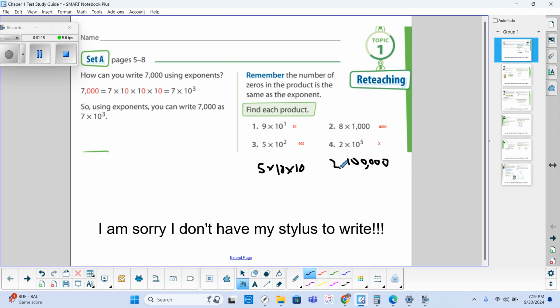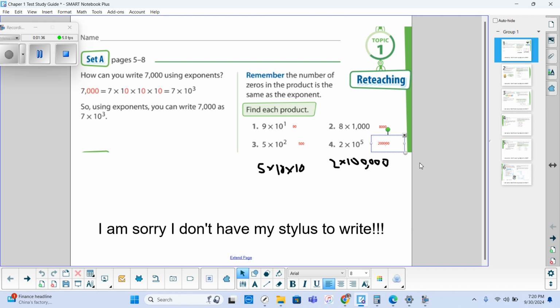So 2 times 100,000 is 200,000. In a computer, you don't normally type it in with a comma, which is why I don't put it in. So 200, and then 1, 2, 3 zeros behind that, 200,000.